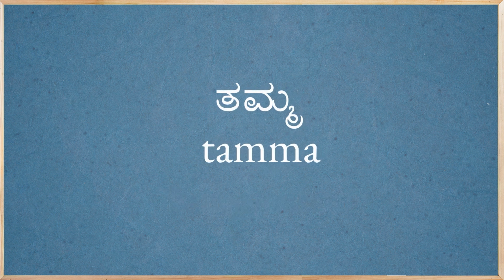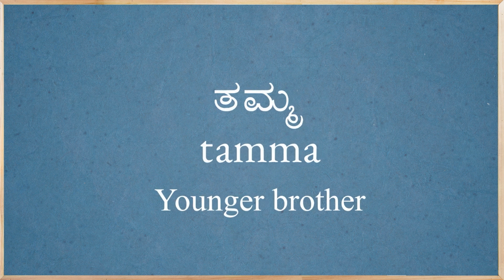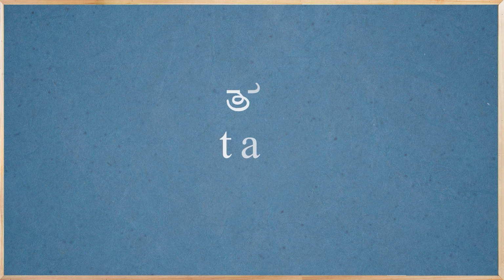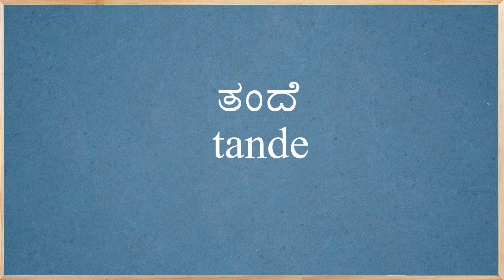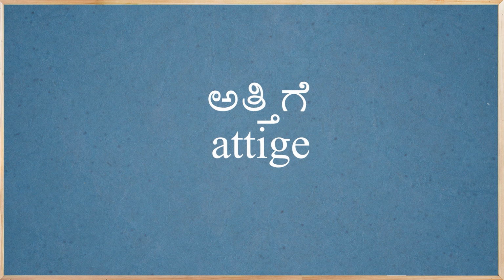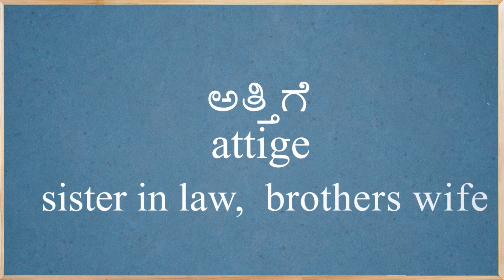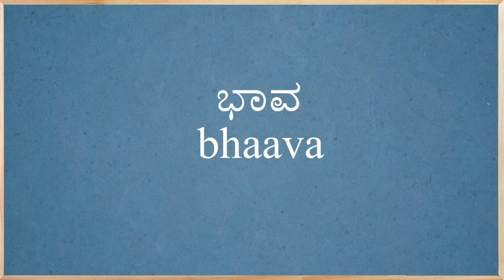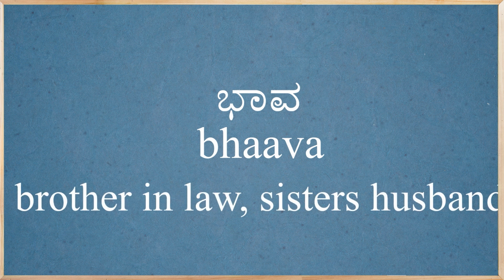Tamma, younger brother. Akka, elder sister. Tande, father. Attige, sister-in-law, brother's wife. Bava, brother-in-law, sister's husband.